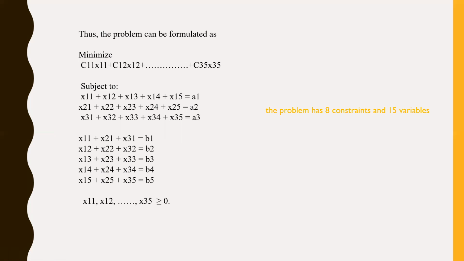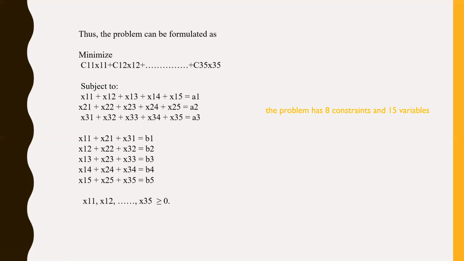So, this is the reason why we need a special procedure to solve the transportation problem. There are various transportation algorithms: the northwest corner method, least cost method, and Vogel's approximation method, which is the first step of solving the transportation problem.